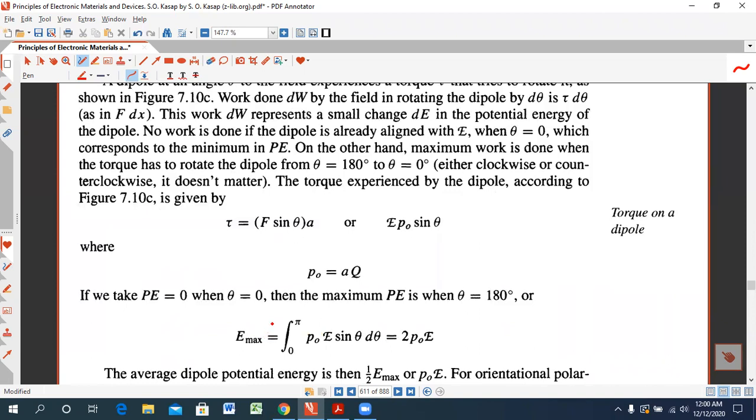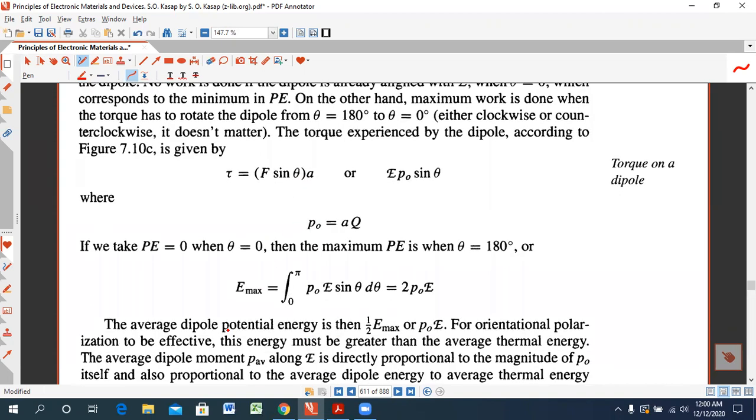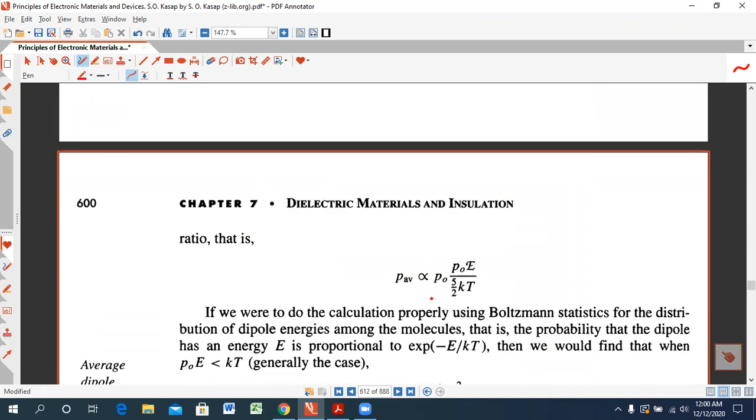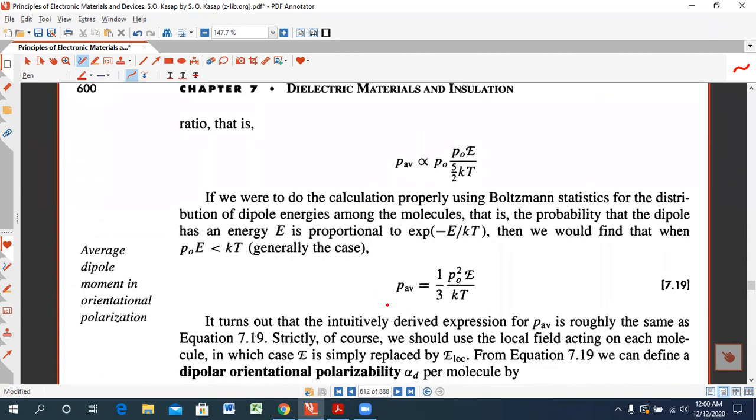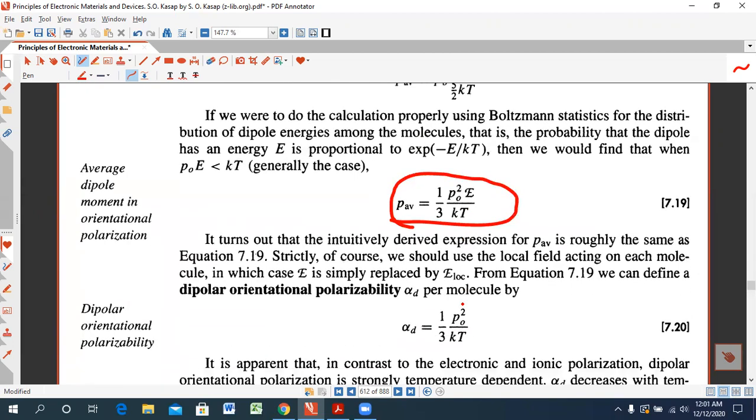From here you know the torque formula, tau equals F sine theta, and if you integrate this, similarly you will find that P average equals one third P naught square E divided by KT. That means the dipolar polarizability alpha D should be equal to one third P naught square divided by KT.